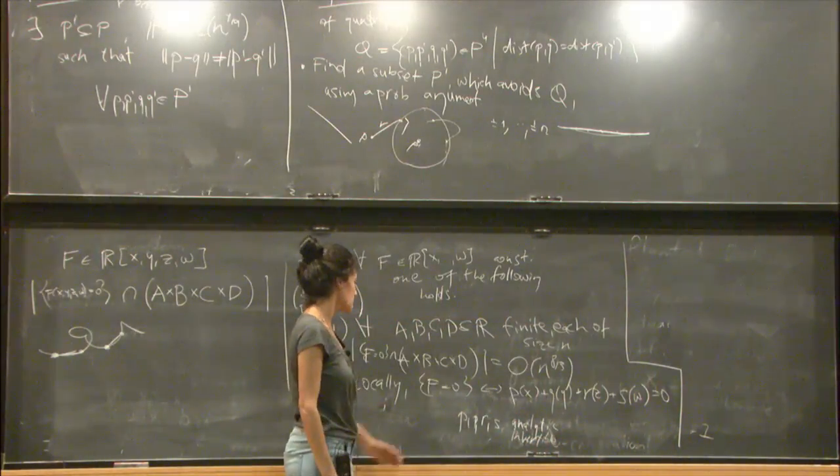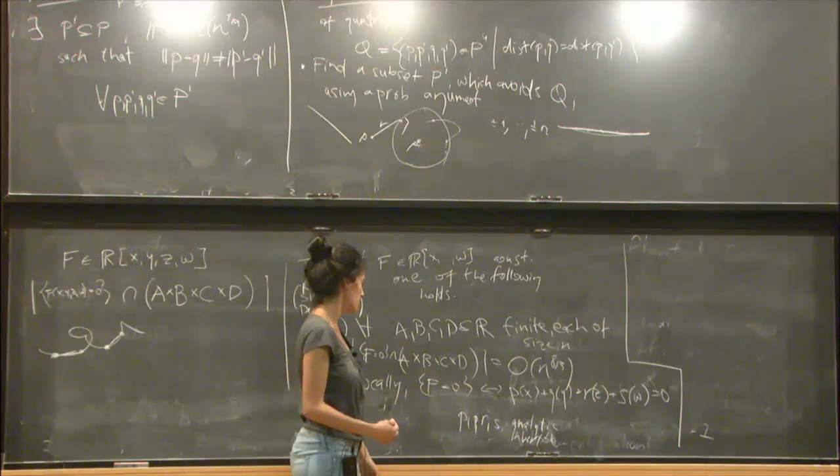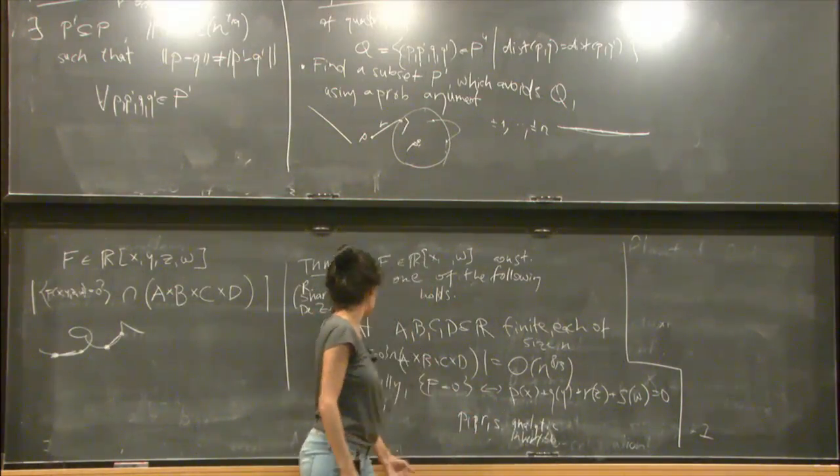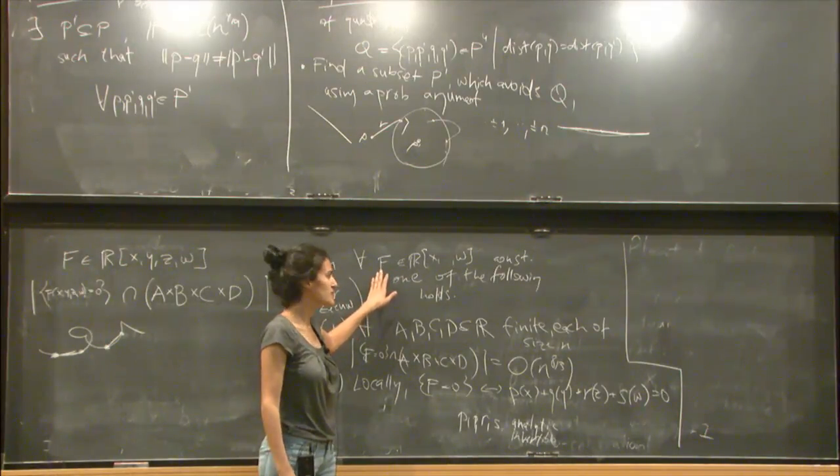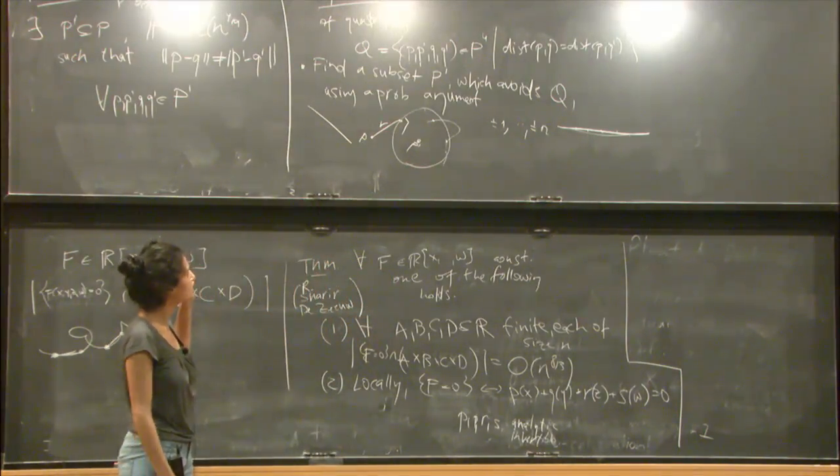So what happens in this case? We can get something which is more concrete. This statement is about a general function f of 4 variables, but actually our function comes from something more specific.